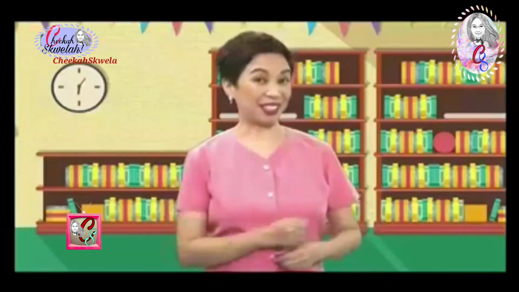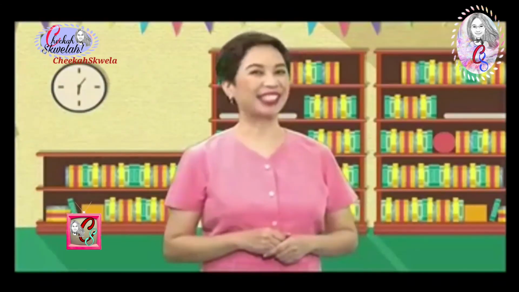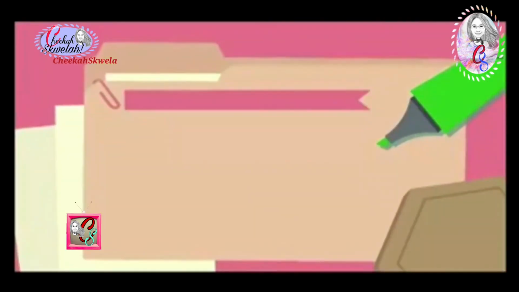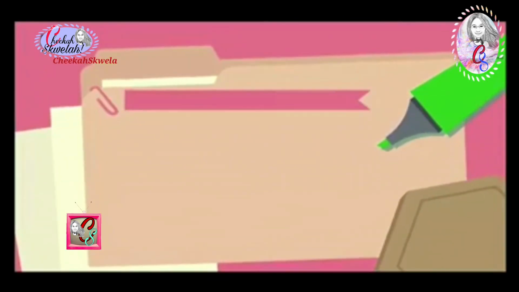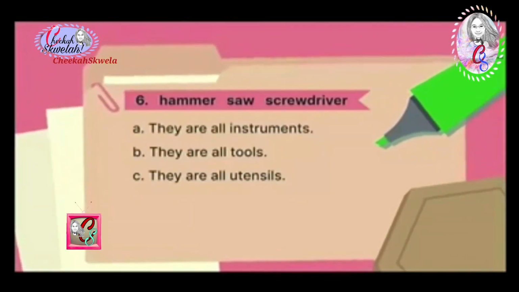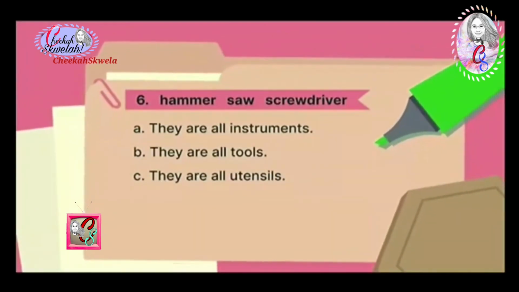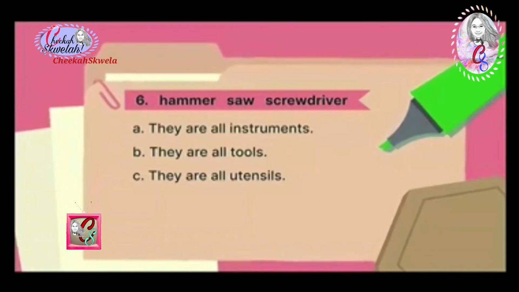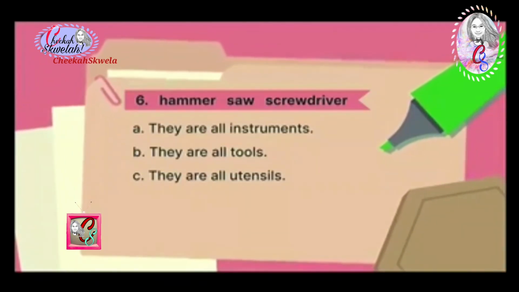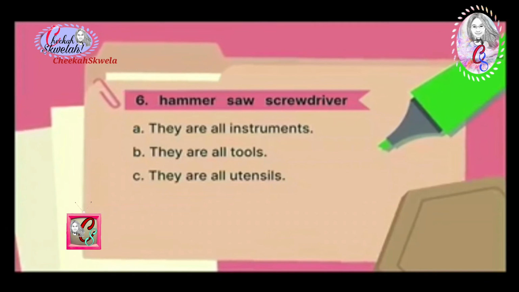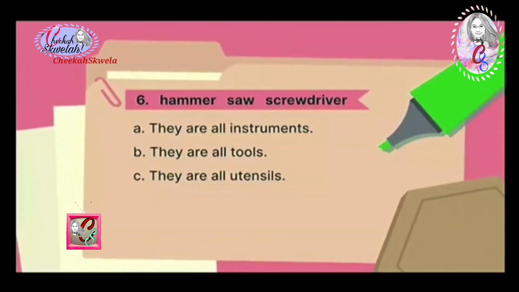And now, let us go to letter B, word classification. The words in the box for number 6 are hammer, saw, screwdriver. Letter A, they are all instruments. Letter B, they are all tools. Letter C, they are all utensils.